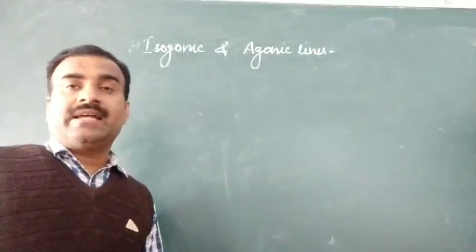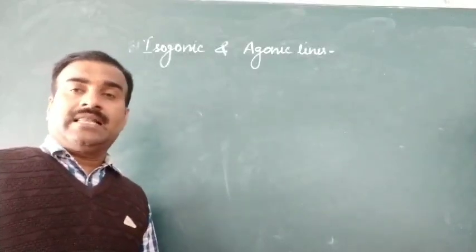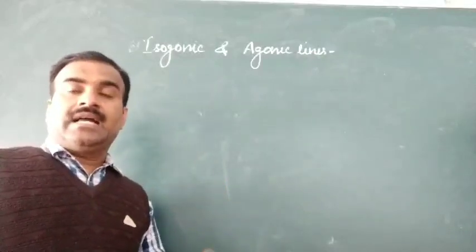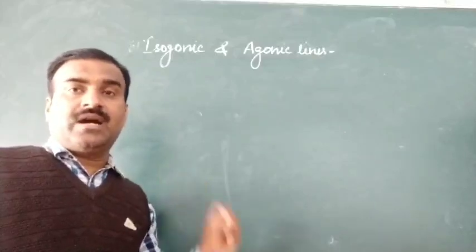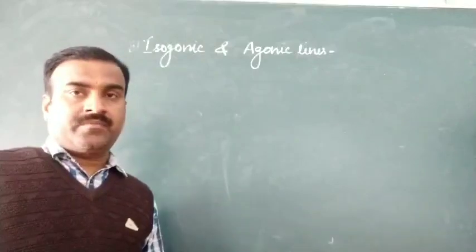So how can we define an isogonic line? A line joining all the places on the surface of Earth having the same angle of declination.